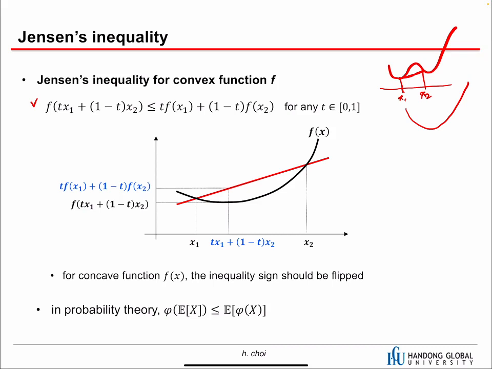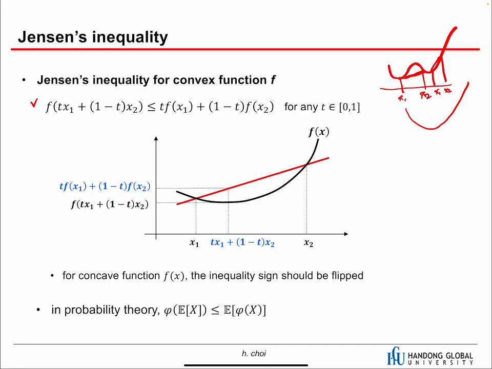But sometimes if we pick 2, x1, x2 here, then when we draw a line, this line is above this curve. But sometimes this line is lower than the actual curve. So if we have this kind of line, then this is not a convex function.